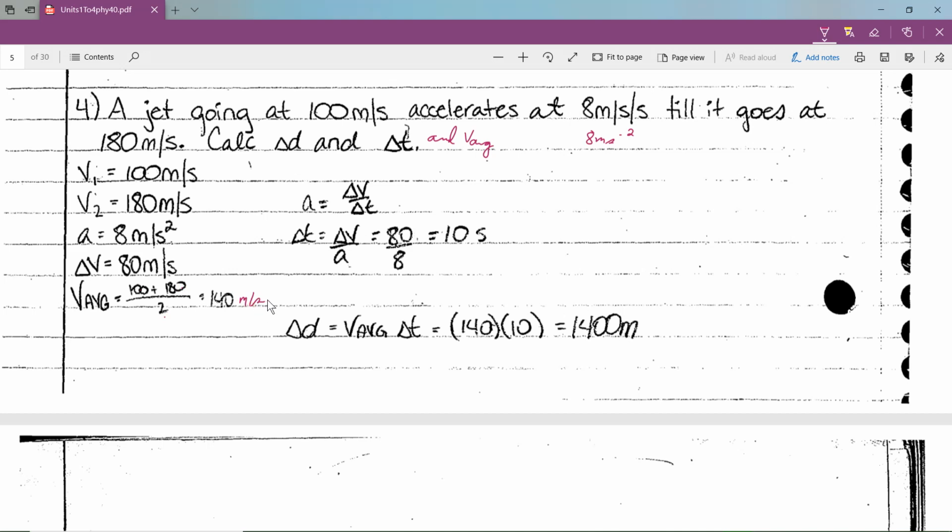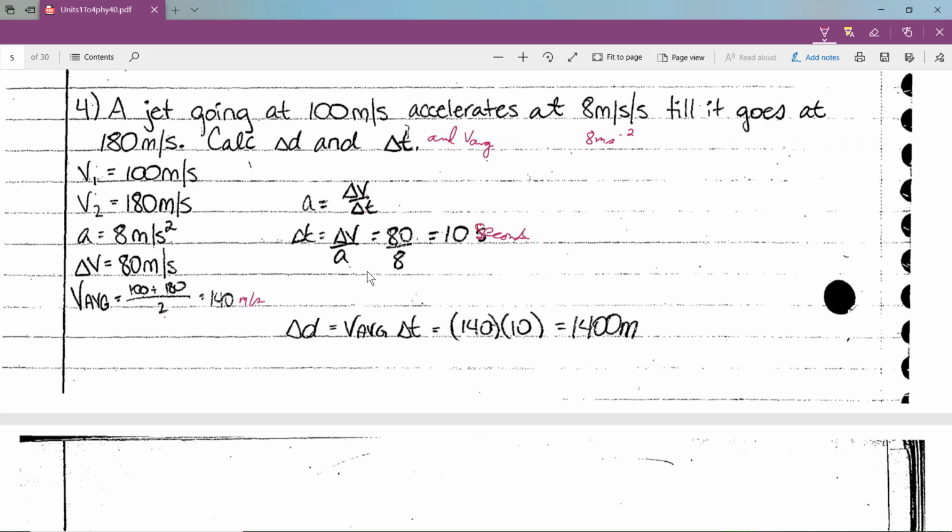And then how long did that take? Acceleration is change in velocity, 80, over time. I don't know the time, but I do know that the acceleration is 8. So 8 is 80 over time, so time is 80 over 8, which is 10 seconds.